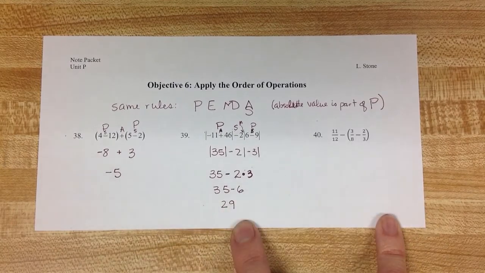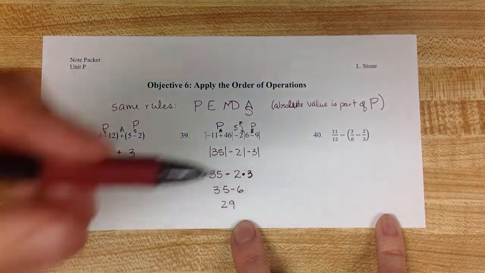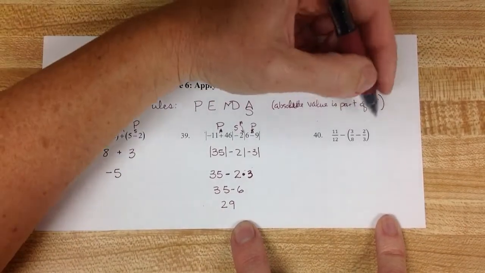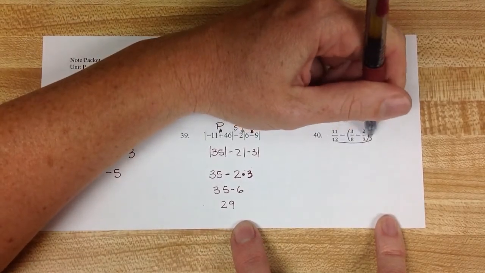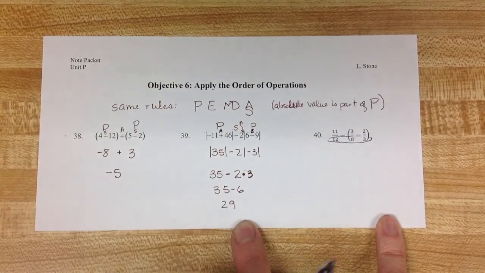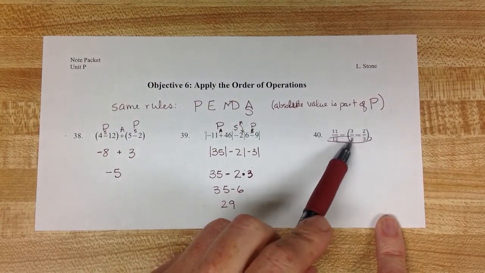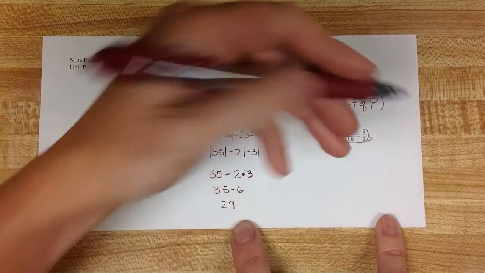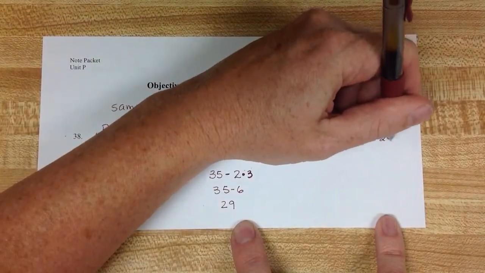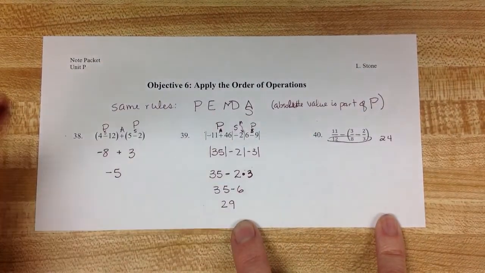And looking at our last problem one more time to practice fractions in section 1.5. Looks like our lowest common denominator, the smallest thing that 12 and 8 and 3 will all fit into, is going to be 24.